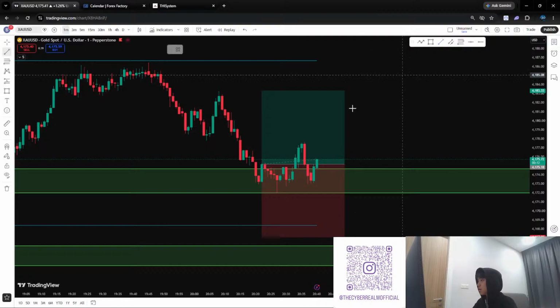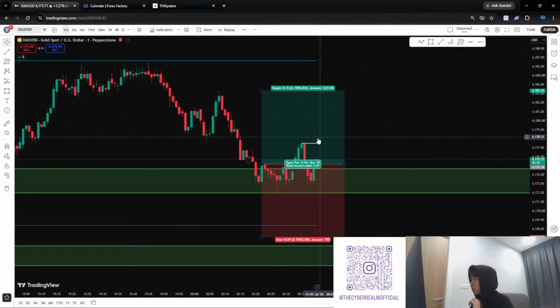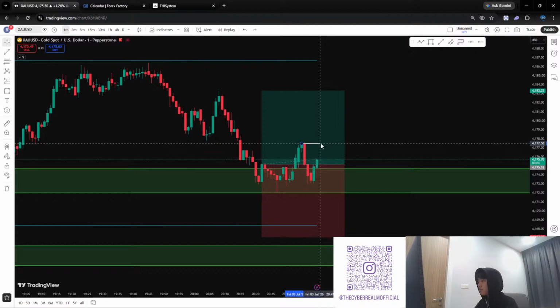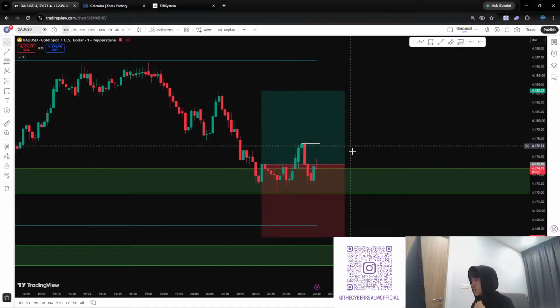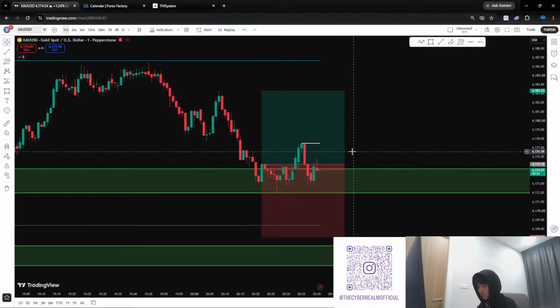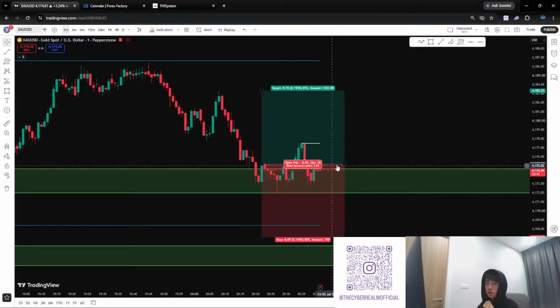If price breaks this high right here, we can be even more confident to continue this buy. There are already 2 engulfing candles formed. All we can do is wait for this trade to run and see how it goes.